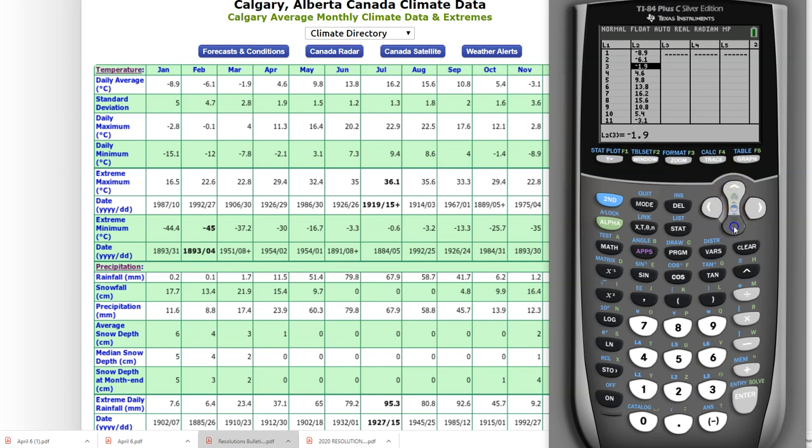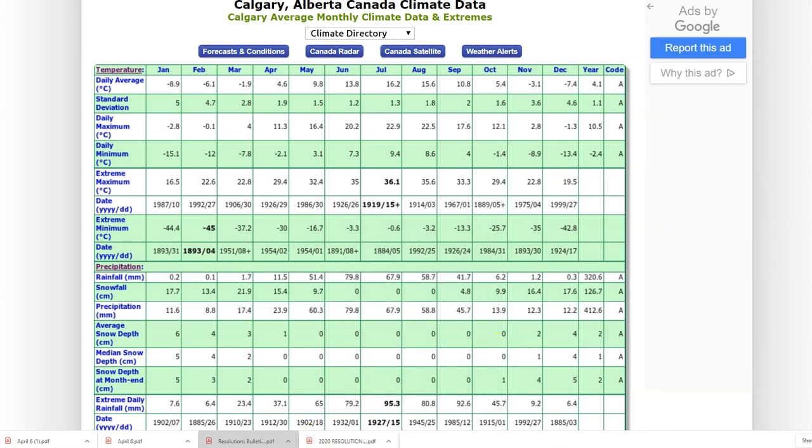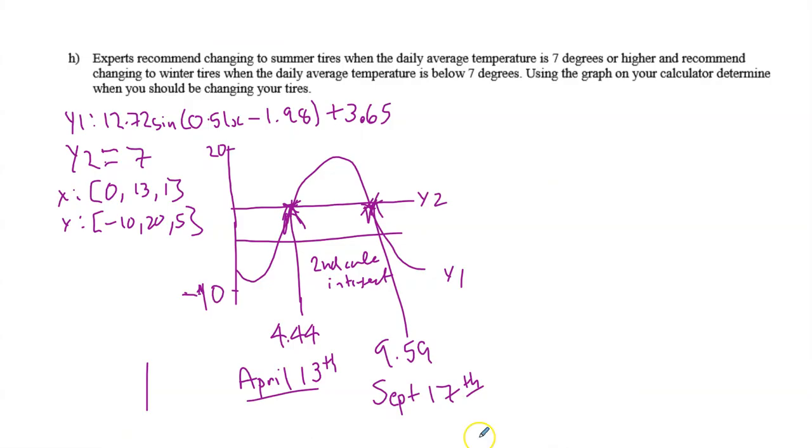And then very carefully checking over to make sure that we have the correct data. We ran a regression. We got an equation, sinusoidal equation. We graphed it, and then we used that. Remember, this is a model, and we use that model to answer questions, right? Based on, in this case, the 7 degrees Celsius time for changing over summer tires and winter tires.